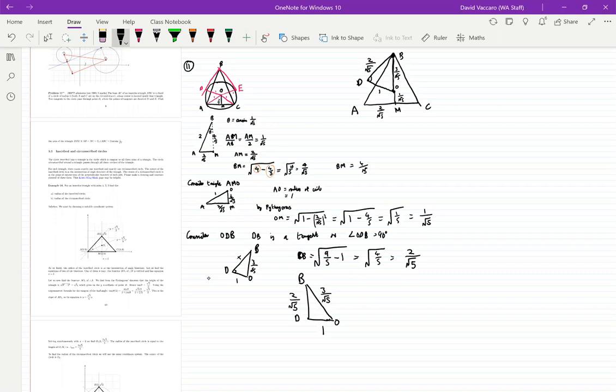And so what I can find is the sine of this angle OBD.